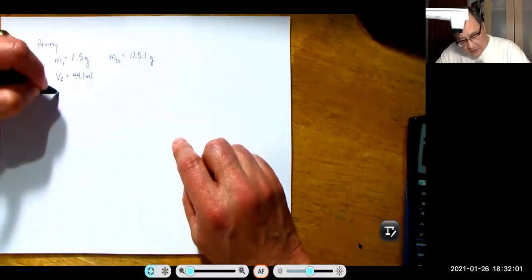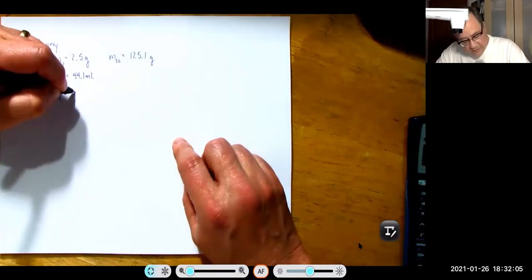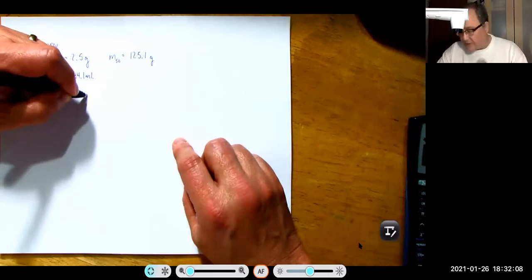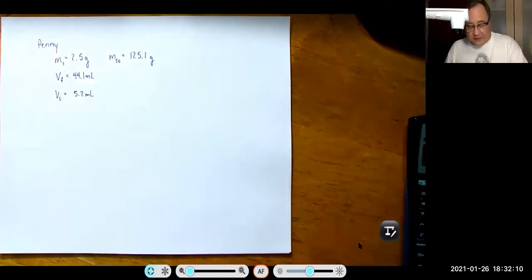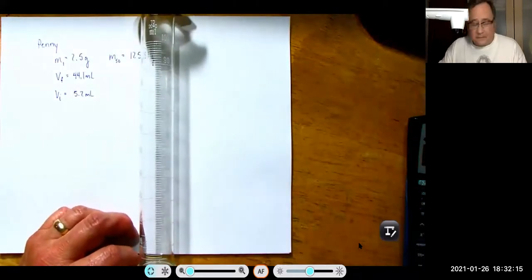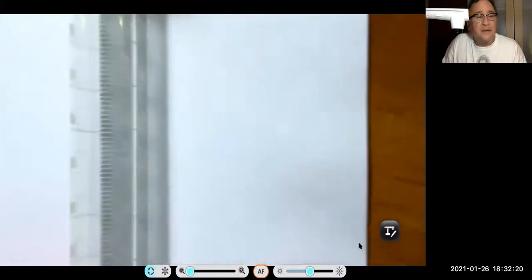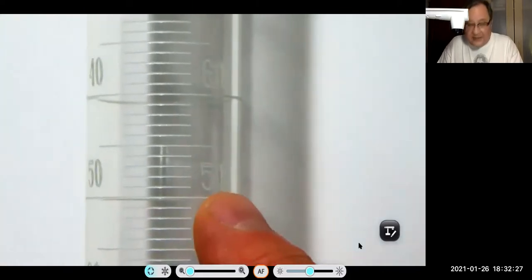And the volume initial, let's call it, I don't know, 5.2 milliliters. You'll notice for the graduated cylinder here, if I zoom in on it, you can see that if this is 50 and this is 60, there are 10 equal spaces between 50 and 60, which means each space is 1 milliliter.